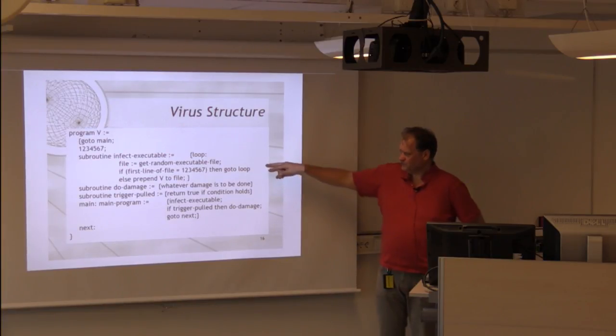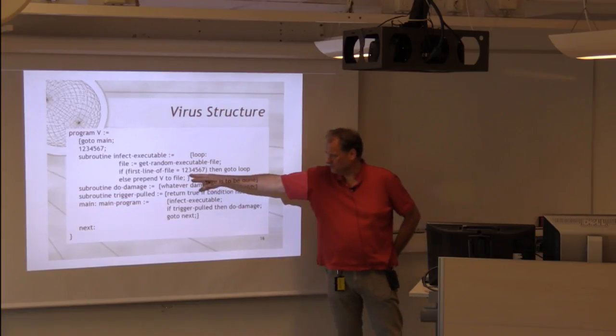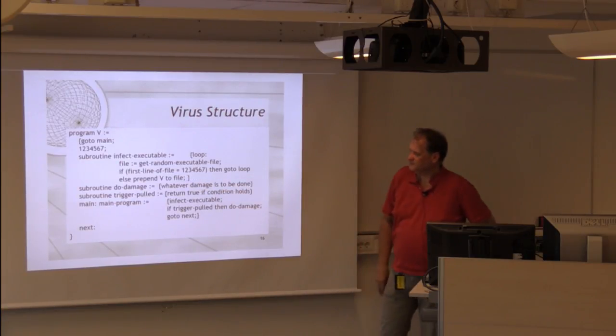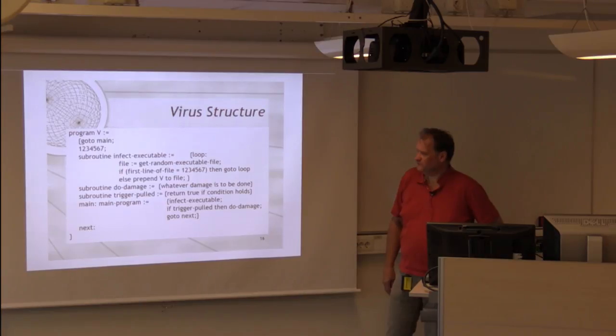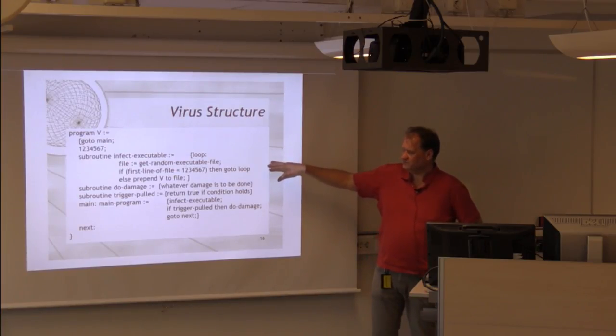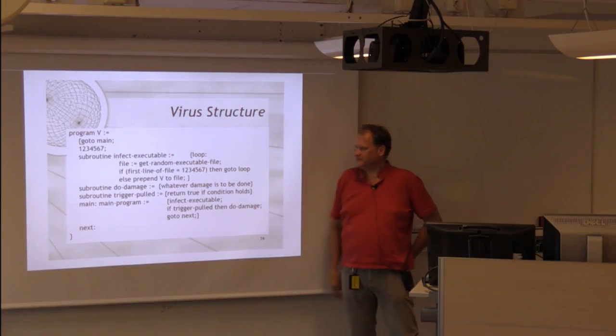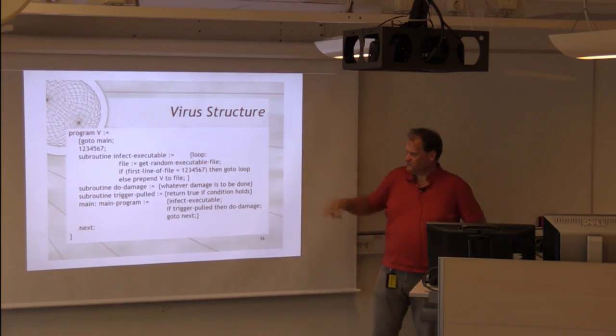And then we look if the first line of that executable is this 1, 2, 3, 4, 5, 6, 7, which is called a signature. Then we skip it. Otherwise, we add the entire virus to that file.